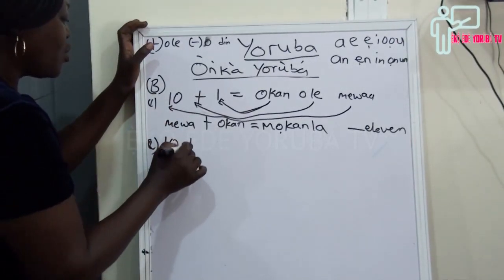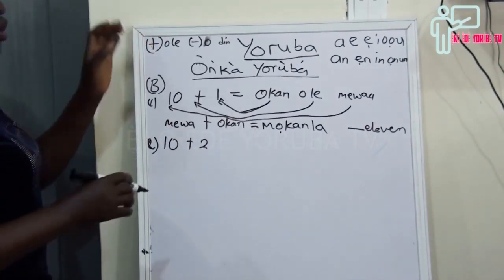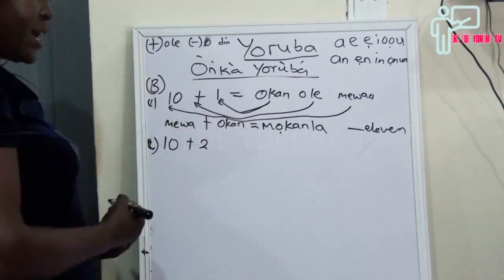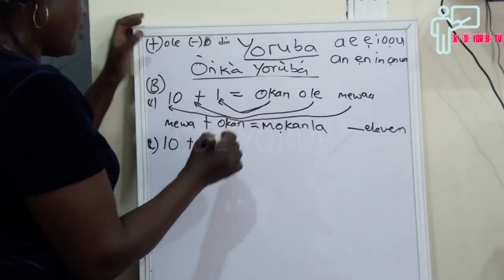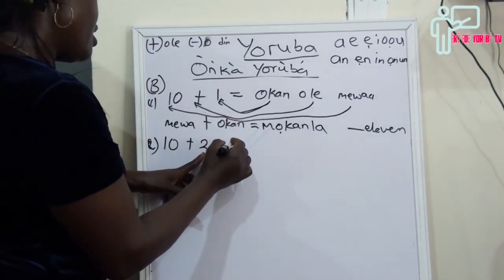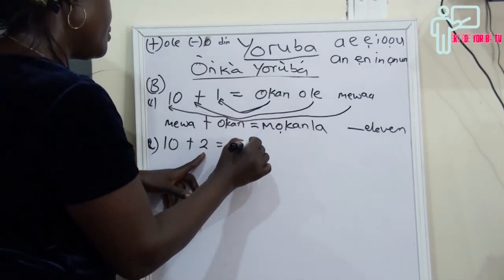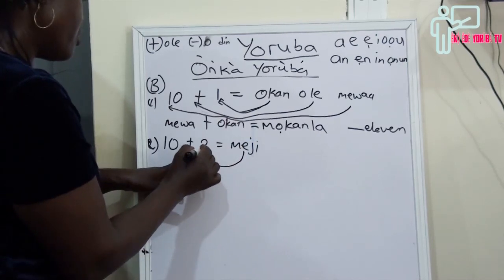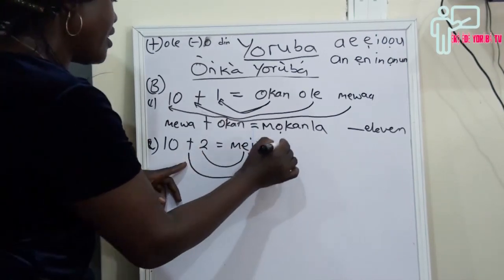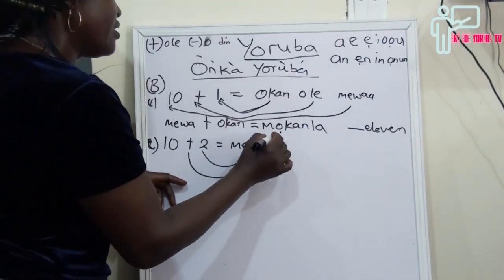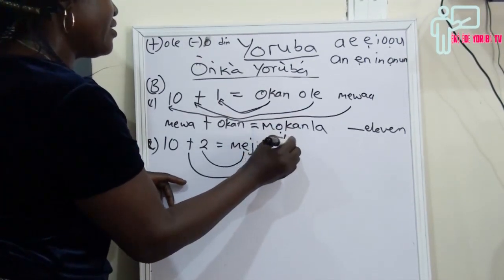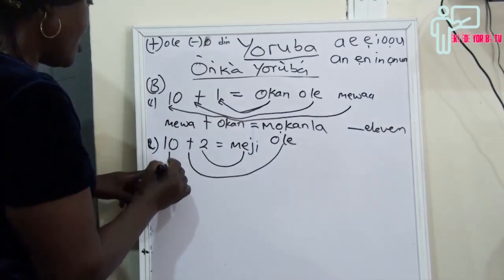So that is 1, 2. 10 plus 2. We need to get to 12 now. So we count from the back again. This is 2. Èjì. You can say méjì. So this one is ole.